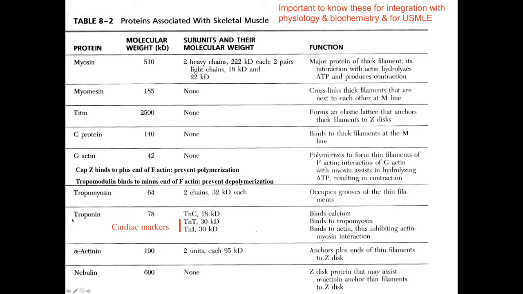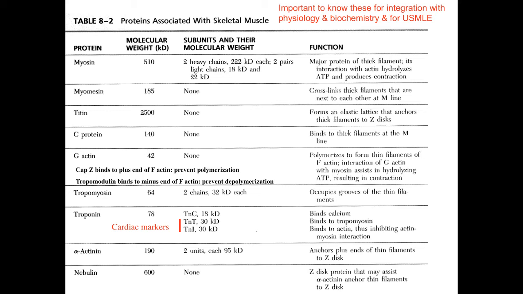I do want to point out for you troponin because there's some clinical significance here. There are different isozymes of troponin T and troponin I if you look at the troponins in skeletal muscle and in cardiac muscle. And if a patient presents in the ER having a myocardial infarction, as you might expect, cardiac muscle cells are dying.